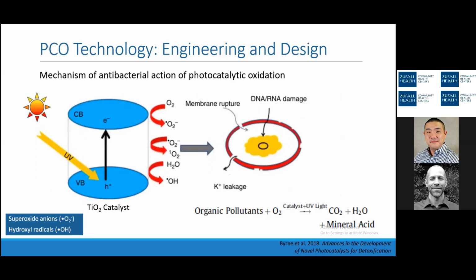This shows how these superoxide anions and hydroxyl radicals interact with pathogens to inactivate them. They cause a membrane rupture that causes the potassium to leak out of the cell, which then desiccates the cell, rendering the DNA and RNA ineffective. And again, the byproducts of this reaction, when the pollutants interact with superoxide anions and hydroxyl radicals, are CO2, water, and mineral acid.